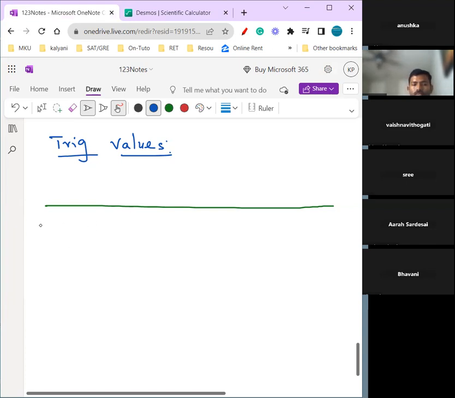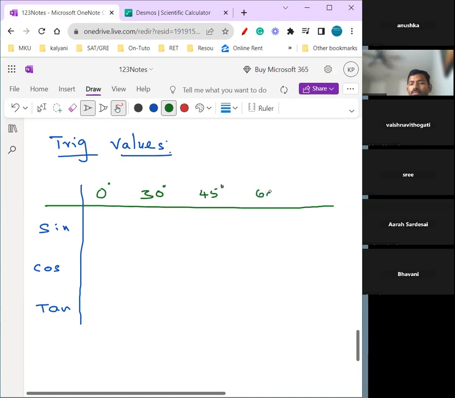So let's look at sine, cosine and tangent, and some values here: 0 degrees, 30 degrees, 45, 60, and then 90 degrees.